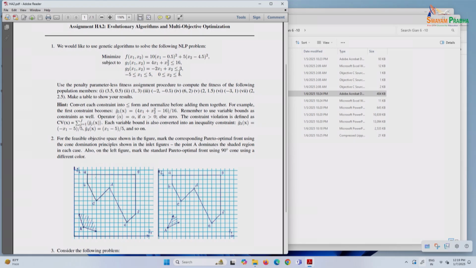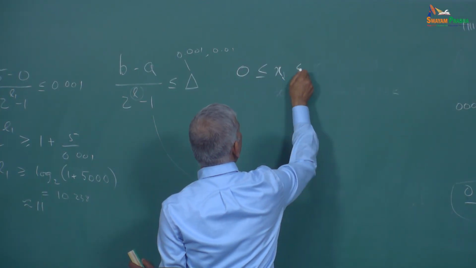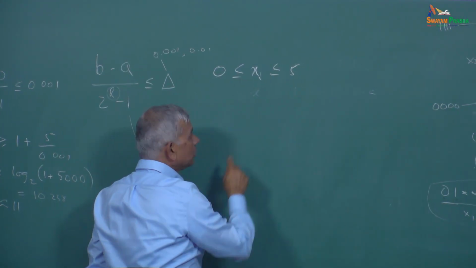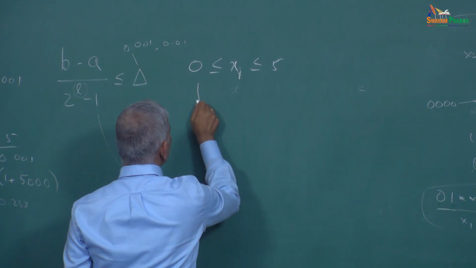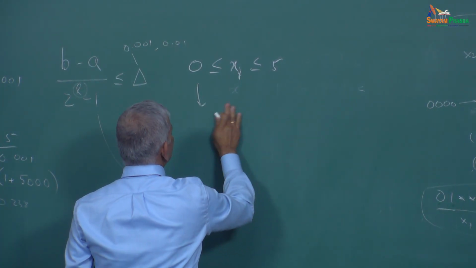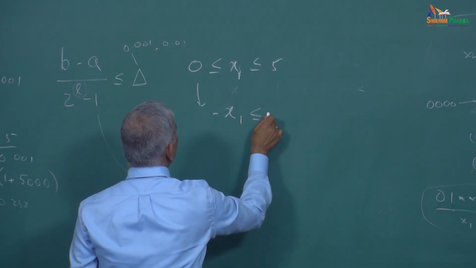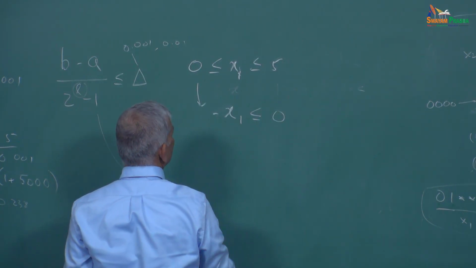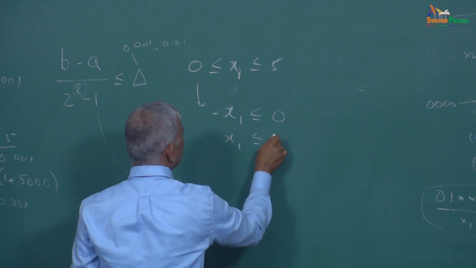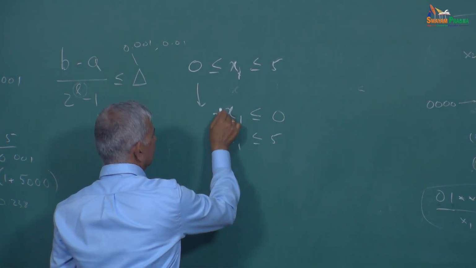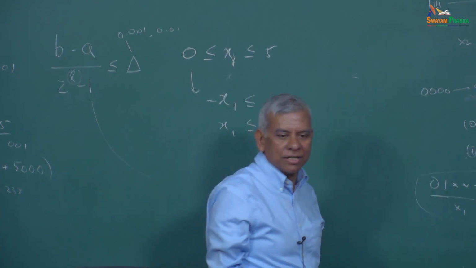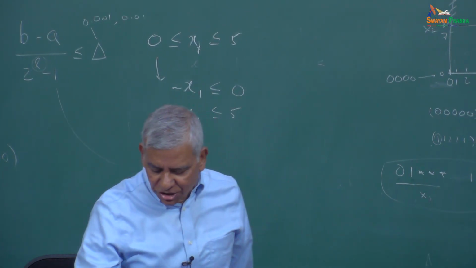Oh, I could have taken that example, but it's okay. So let's say when I have 0 less than x1 less than 5, it's a variable bound, but I can convert this into 2 constraints. One is minus x1 less than equal to 0 and x1 less than equal to 5. So I already have 2 constraints, G1, G2.